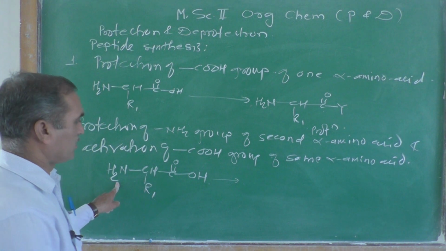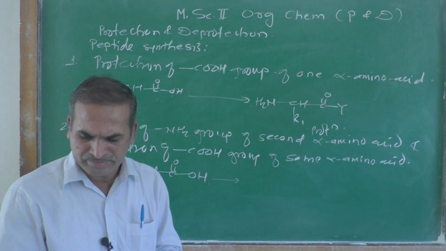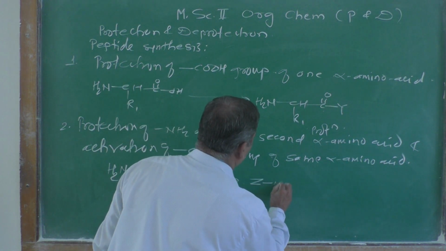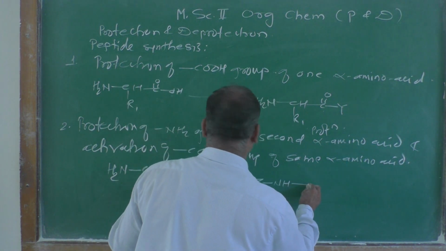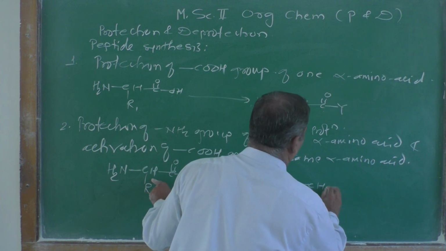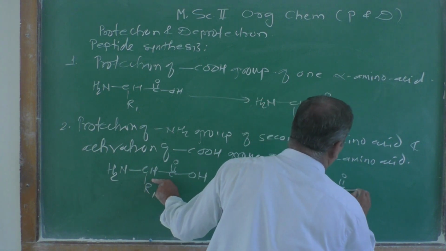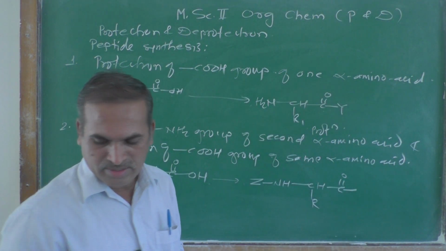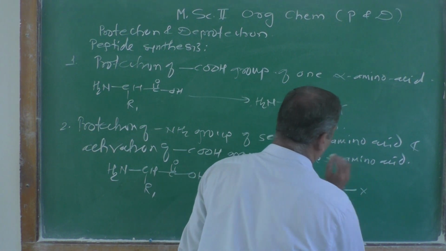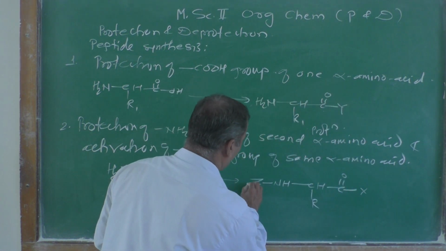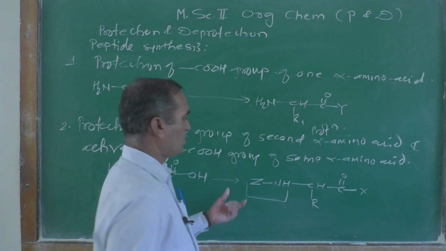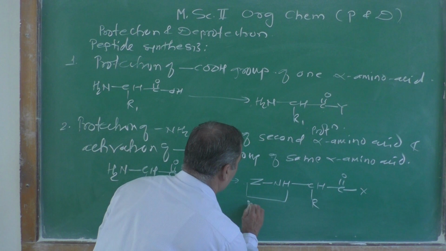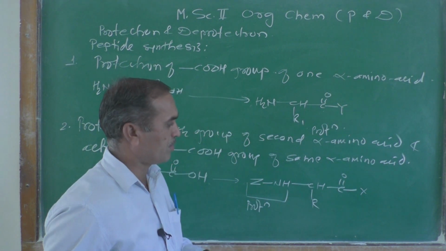And for that purpose, here what we are doing, let us see here Z, NH, CH, R, then C double bond O, and then here we are using X. And in this part, what we have done, we protected the amino group over here. Protection of amino group, right?